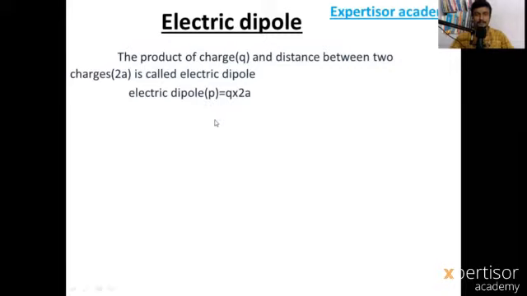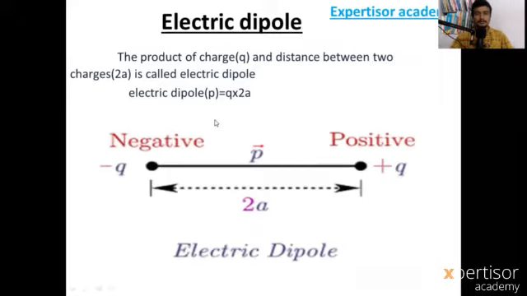Next, what is the structure of the electric dipole? See here, we have two charges, as noted in the definition of electric dipole: minus Q and plus Q. These two charges are separated by 2a distance.